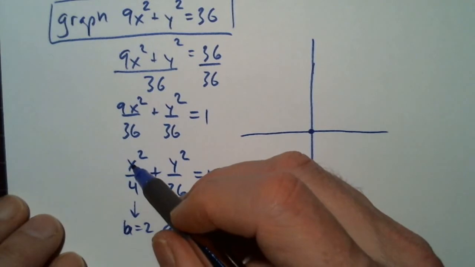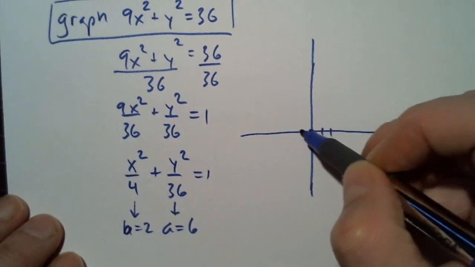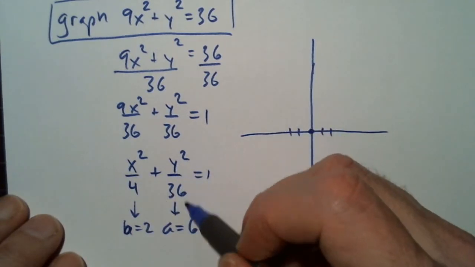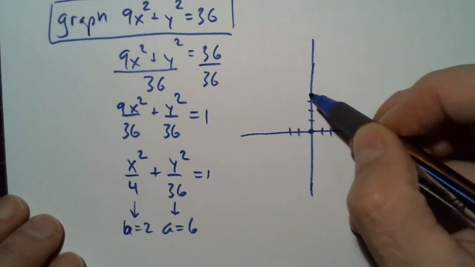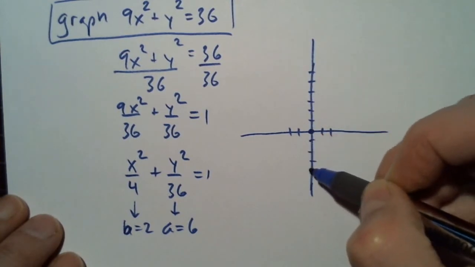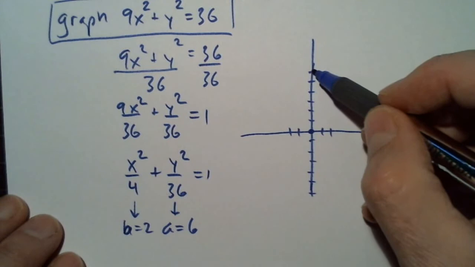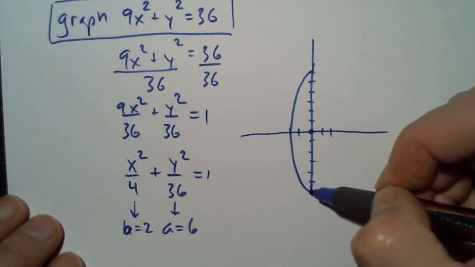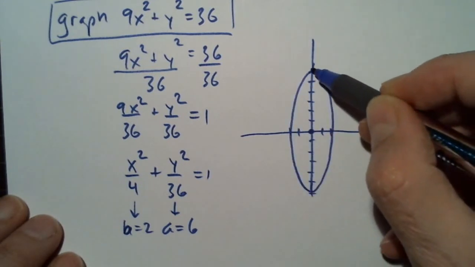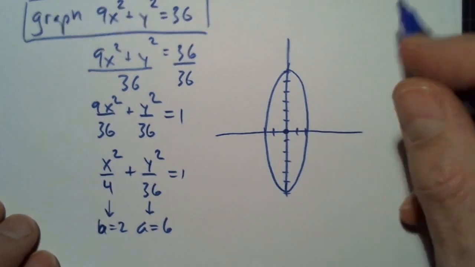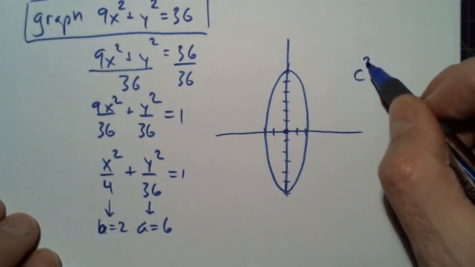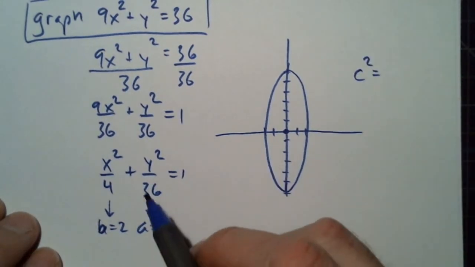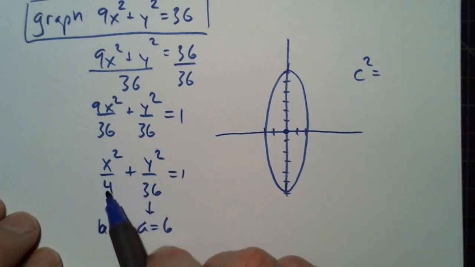Then horizontally we move 2, vertically we move 6, and for the foci, C squared equals 36 minus 4.